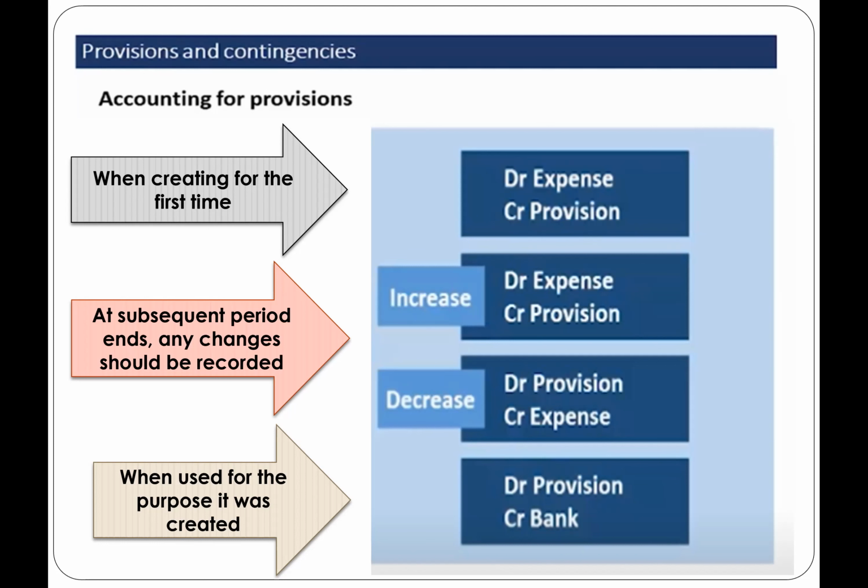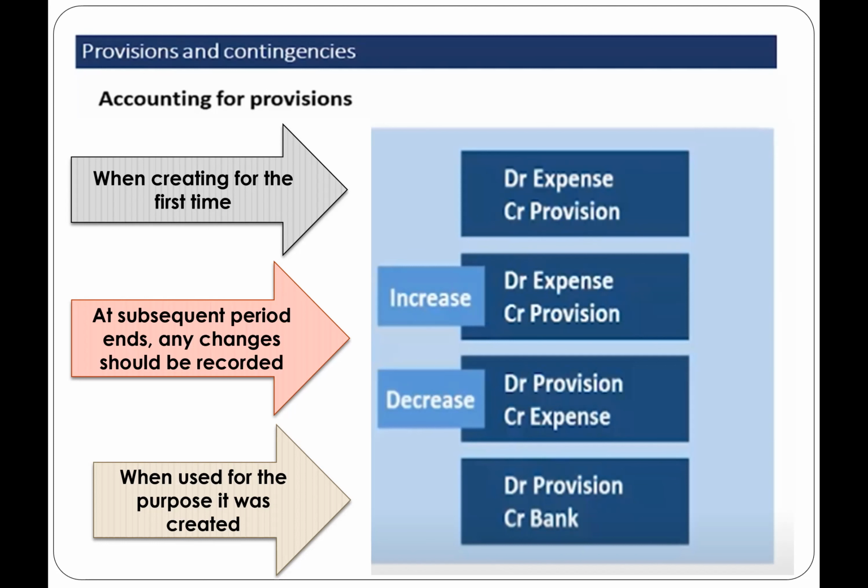So if the amount is, say, now 8,000 instead of 10,000, we then need to reduce the provision figure by 2,000 to make it 8,000 by debiting provision with 2,000, crediting expense with 2,000, so that the provision now remains at 8,000. And when it comes to the end of the 4th month, we simply then debit provision with 8,000, credit the bank with 8,000, and then the provision account will go back to zero.